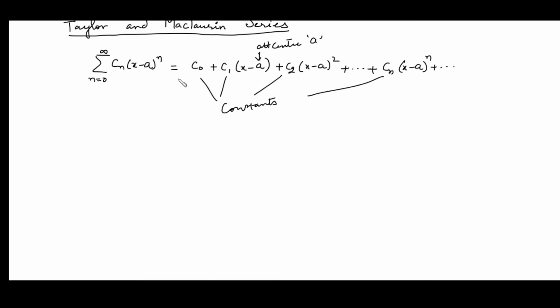Now what is given to us is that this is a power series. Given that this power series is convergent over the interval a minus r to a plus r, where r is the radius of convergence.